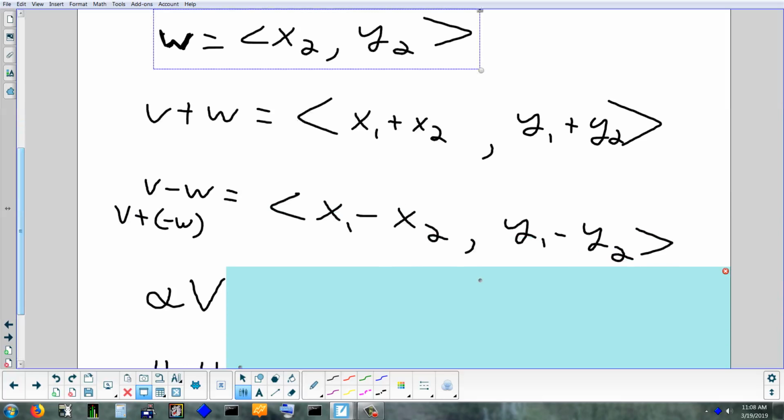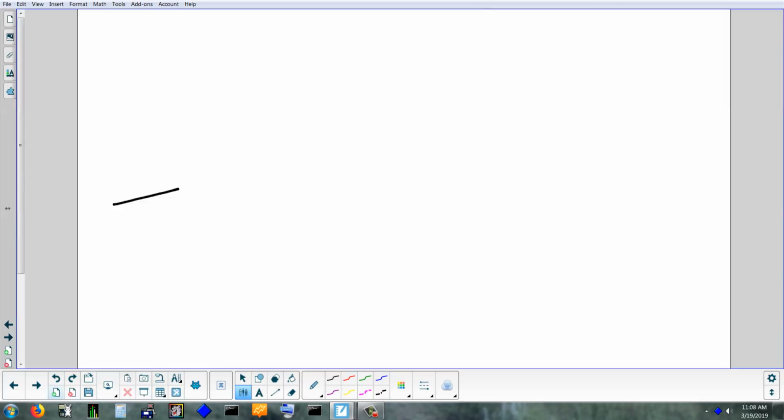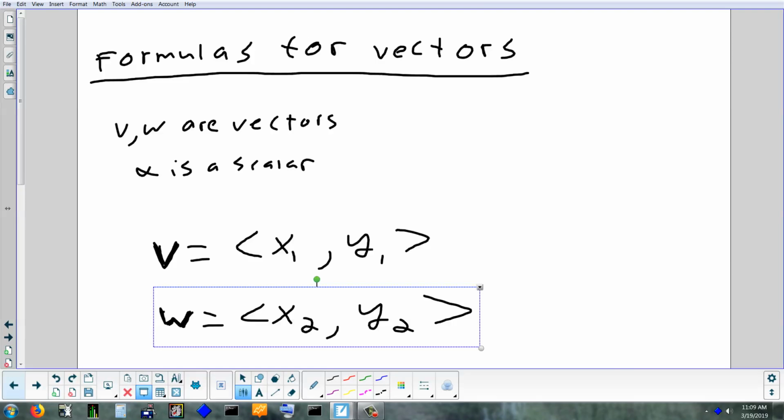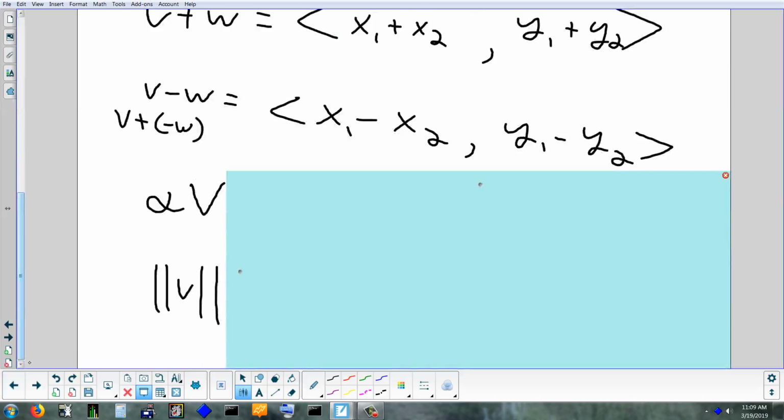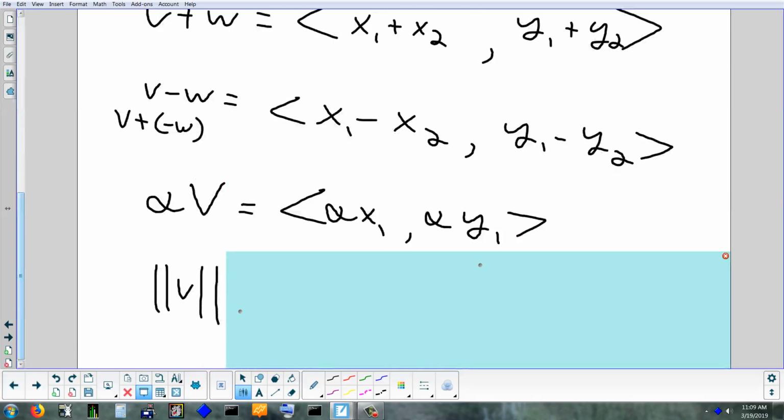Now, scaling a vector. That's where it can get longer, shorter, or change direction. So we can do it by drawing it. If you had that vector, and you wanted to know 3 times that vector, just stack 3 of them together. And that's your answer. Mine grouped together kind of weird, but that would be your answer. So it's easy to stack them together and make them longer or shorter. Well, if you think of it, it's almost like a distributive property.